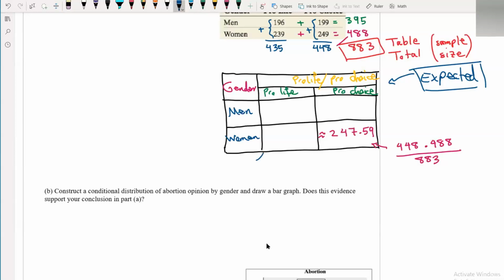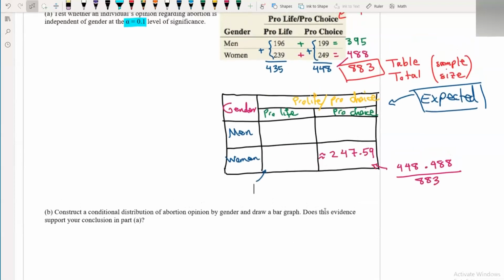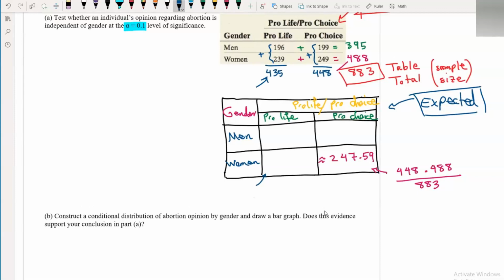One more. For example, this part here is women pro-life, and pro-life sum was this one, 435. Let me run it here: 435 multiplied by, for women sum was 488, divided by what is total, 883.